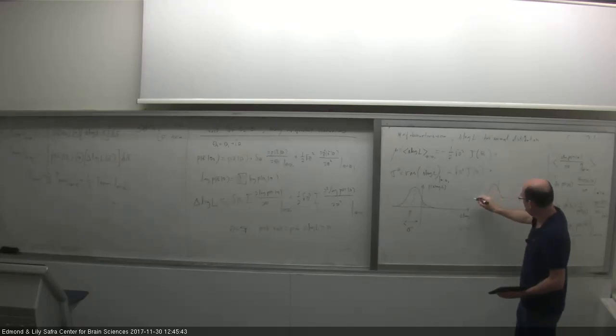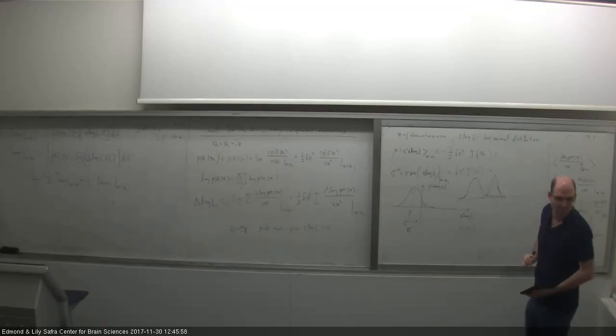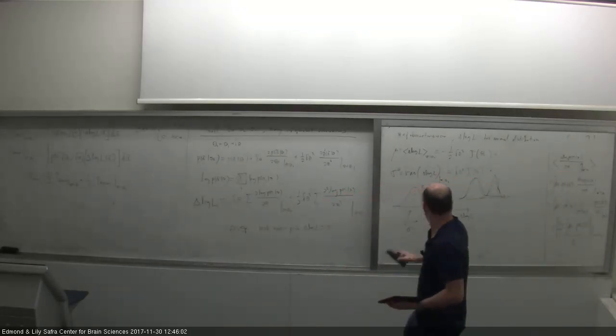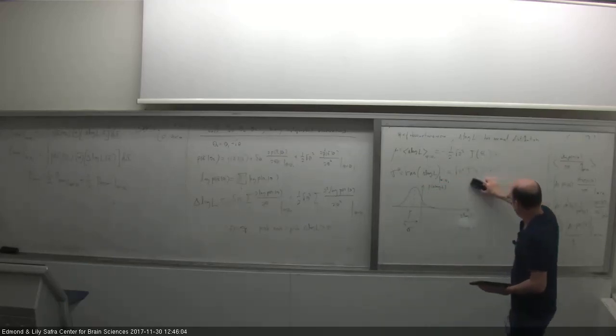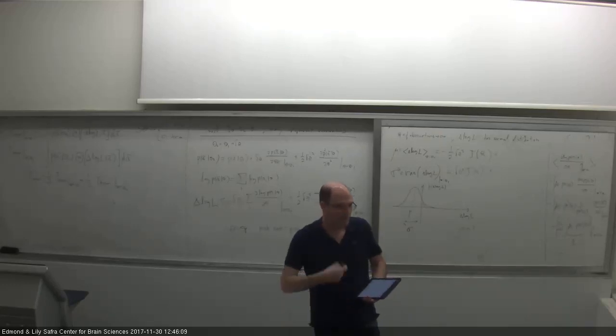The width will only become 2 times larger. So it will look something like this. And the probability of error will be smaller. If I would draw it scaled by n, the mean would be at the same place, and the width would become smaller and smaller, like 1 over square root of n.